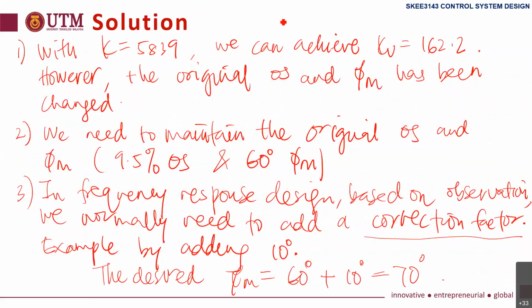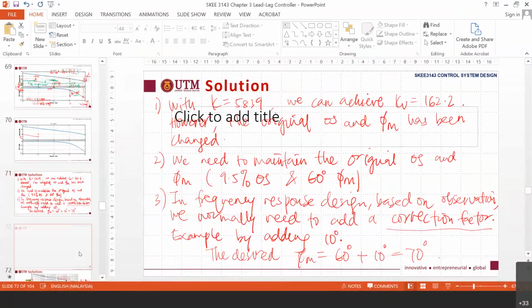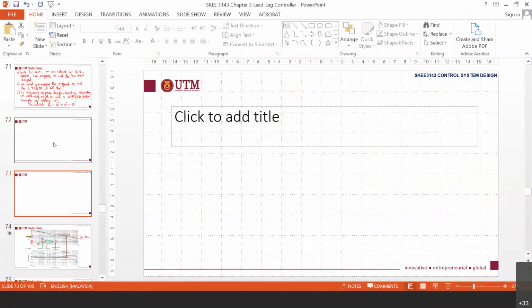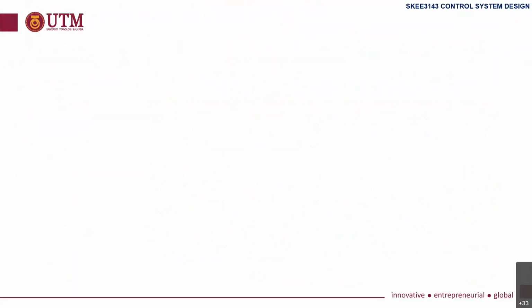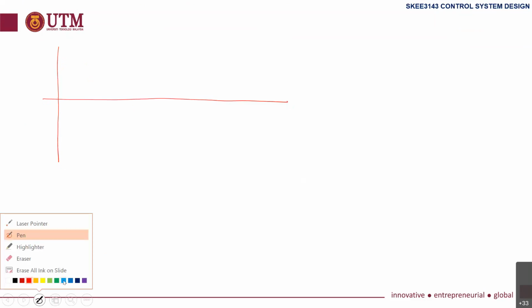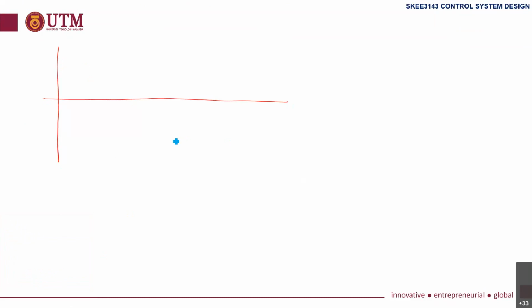Therefore, we redraw here. We start at this point, 9.8 radian per second.